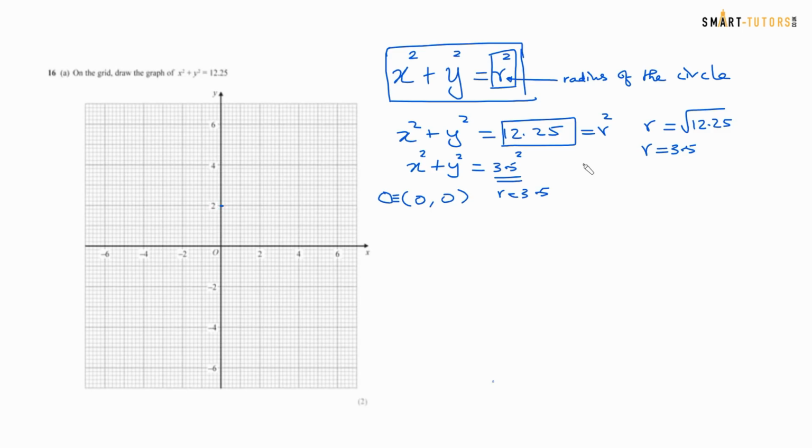I'll just try my best to work out the best way to do it. Basically this is 2 and this is 3, and 3.5 means in between somewhere here.